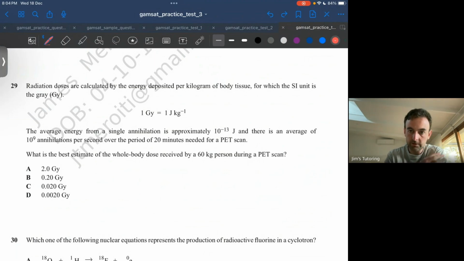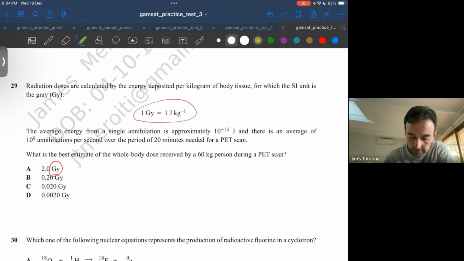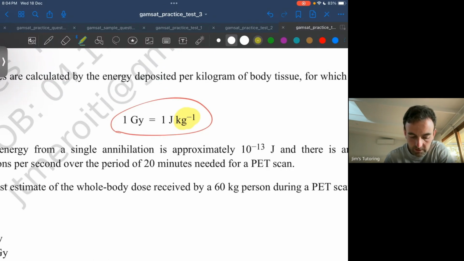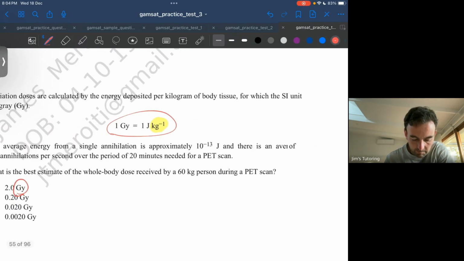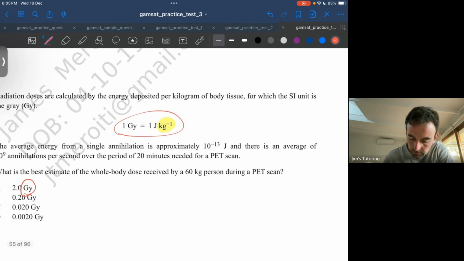So let's work through it. We know our answer is in grays, and grays are equal to joules per kilogram. It's probably a good time to mention all the ways that you can see units represented. You could see it as joules per kilogram, as joules per kilogram to the power of -1, or as joules kilogram^-1.